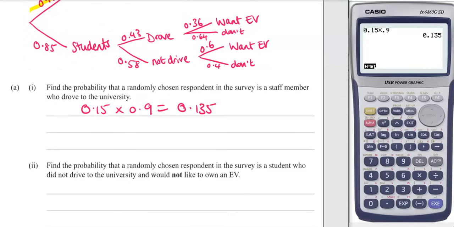So they need to be a student who did not drive and would not like to own an EV. So we've got 0.85, 0.58 and 0.4 as we go along that branch there.